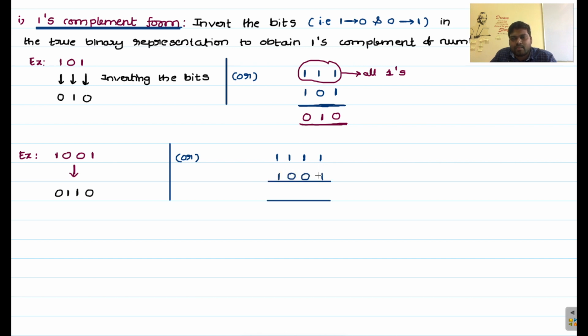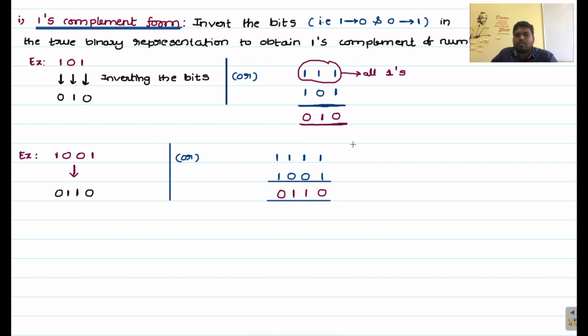So 1 minus 1. While considering decimal one and binary one, the value is the same; the value cannot change, right? So here 1 minus 1 means you will get 0, 1 minus 0 means you will get 1, 1 minus 0 means you will get 1, and 1 minus 1 means 0.